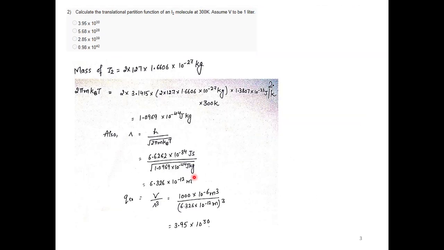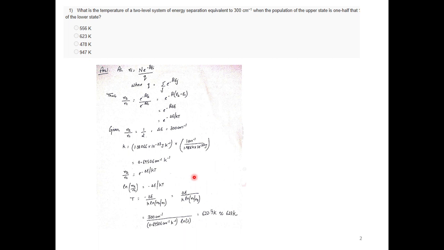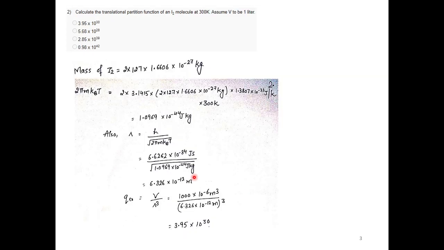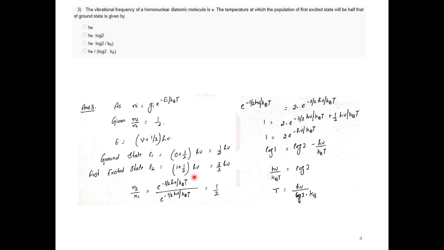Previously, we calculated the temperature required for a two level energy system based on the fraction of populations. Here we calculated about translation, now we will calculate about the vibrational frequency.